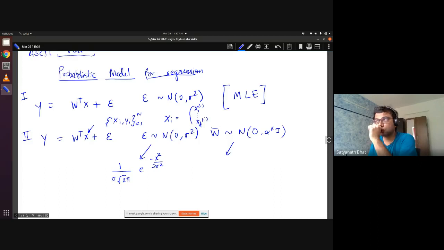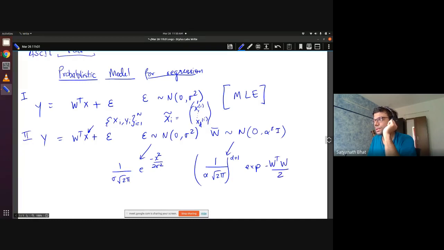This is your usual feature, and when you augment it, you add a 1. As a result, your W is a D plus 1 dimensional vector, and the joint density of that is given by 1 over alpha square root 2 pi, to the power of D plus 1, e power, where x squared is replaced by W transpose W. So this is your multivariate Gaussian extension.